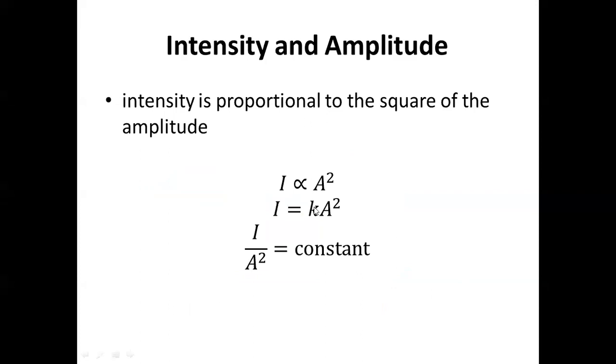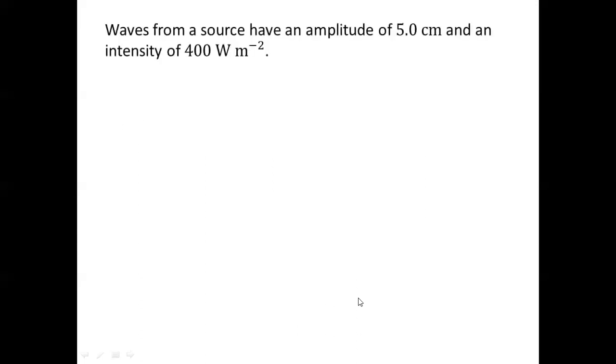Now again, this K over here is simply a constant. Notice that we are also using capital A to represent amplitude. So make sure that when you are solving for intensity, you know what the capital letter A means, whether it's area or amplitude. Let's use that formula to solve this problem.